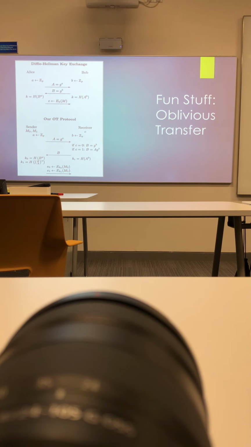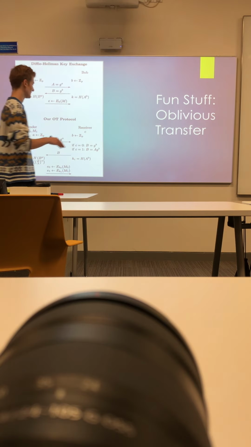And then he sends that over, whichever one it is, to Ginny. Ginny uses a hash function and computes either the hash of B to the a or the hash of B divided by A, to the a.